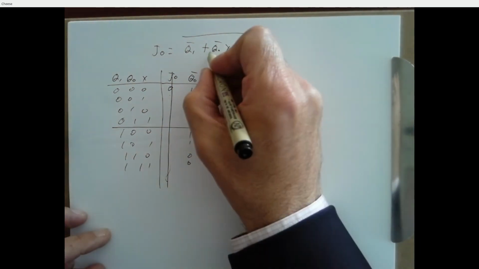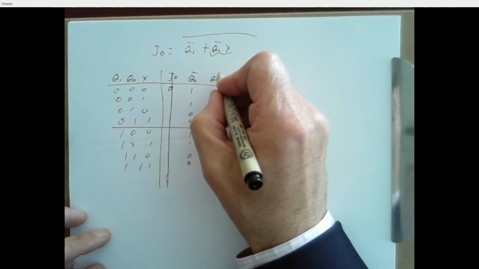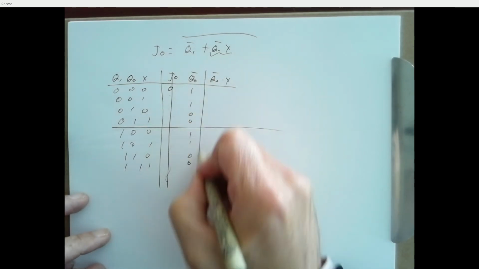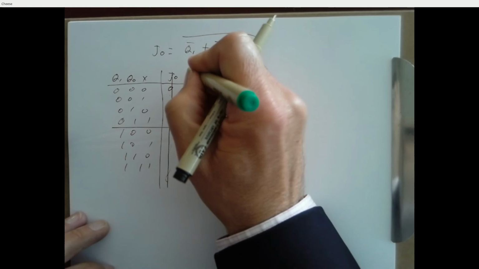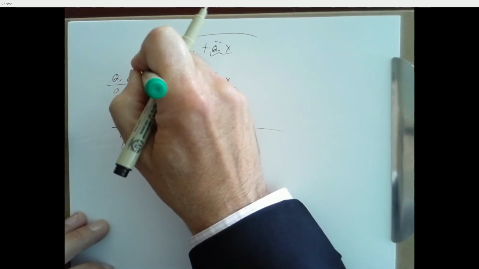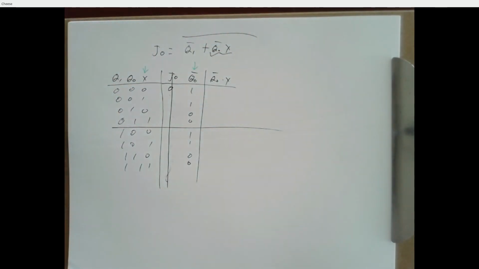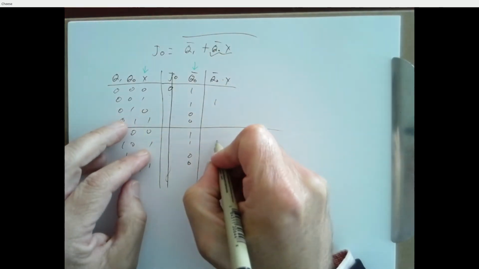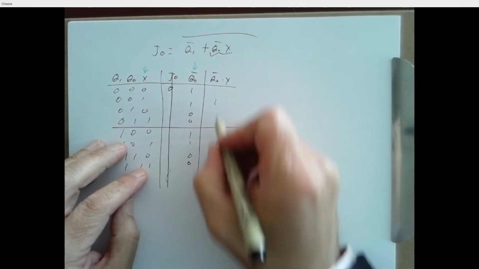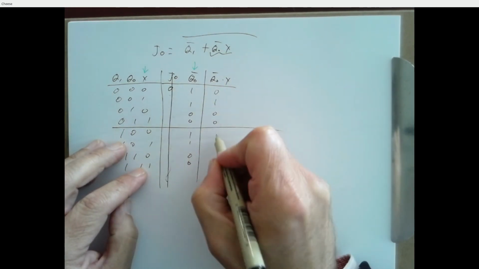And now make yourself a column for Q0 bar ANDed with X. And when you do this, you're thinking, okay, I've got to take this column and this column. Where are they both 1? That's where I'm going to have a 1 in the output. Well, that's going to happen in the second spot and this spot down here, and that's it. Everything else will be a 0.